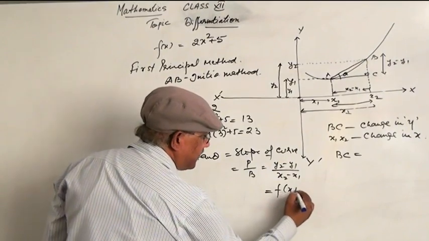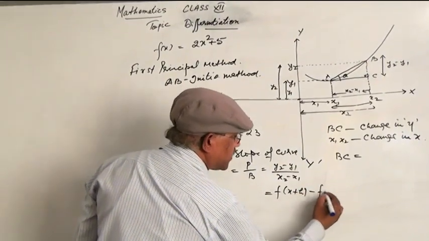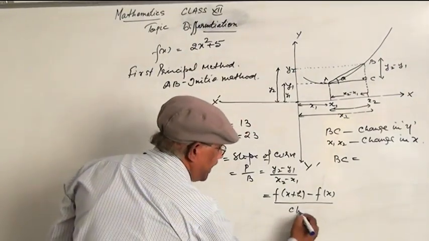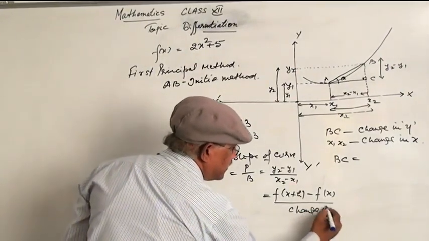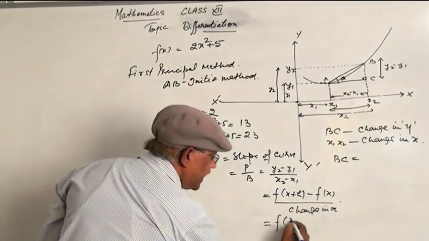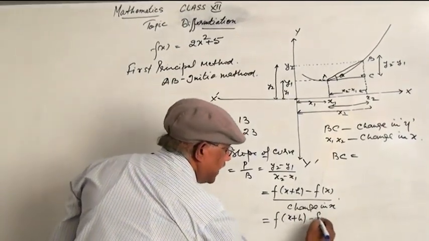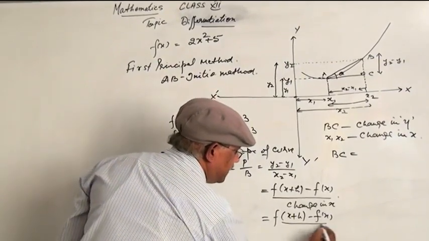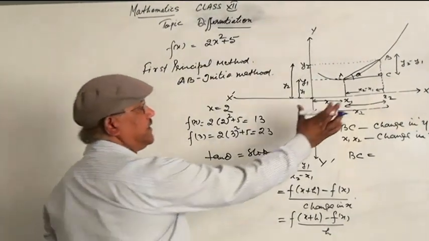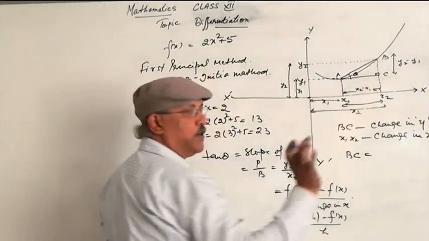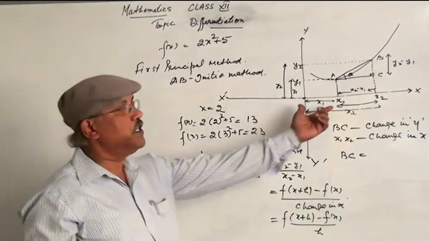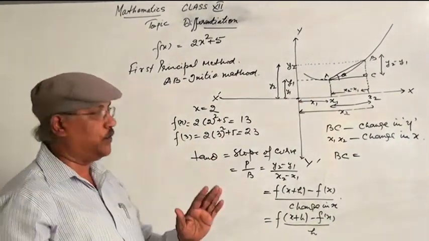This is the value of f(x). We can write f(x+h) minus the initial value f(x), divided by the change in x, which is also known as h. So f(x+h) minus f(x) divided by h. But what is h over here? h is the distance between x1 and x2, very minute, as small as we please, approaching 0 but not exactly equal to 0.